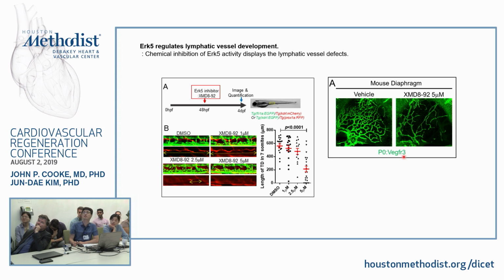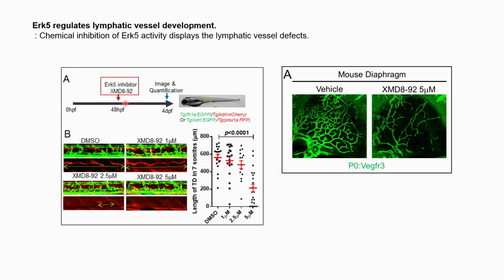First, we used a chemical inhibitor to test ERK5 function in lymphatic vessel development. XMD8 is a specific and potent ERK5 inhibitor. We treated with this ERK5 inhibitor from 48 HPF until the 4 DPF stage, the time for lymphatic development in zebrafish.